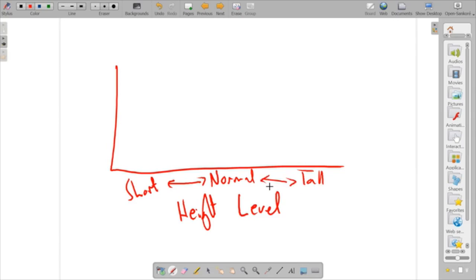So short could be anyone who is under, I don't know, I don't want to offend, so I have to be careful what numbers I choose. It could be anyone under a meter, for argument's sake. But then normal could encompass a huge range. Maybe we say that normal is anyone from 1 meter to 2 meters.